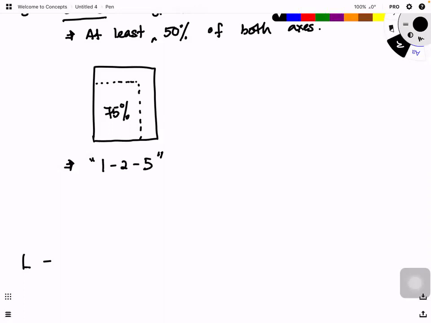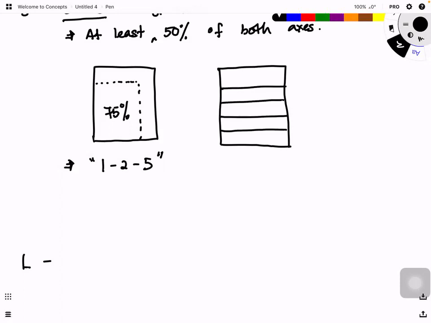If you look at the graph paper in the Cambridge exams, it looks something like this. If you focus on one box here, I will circle it.